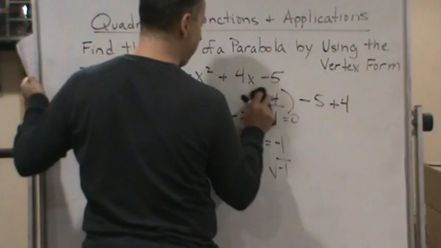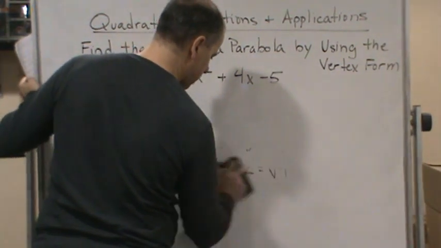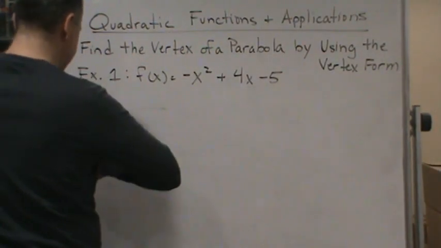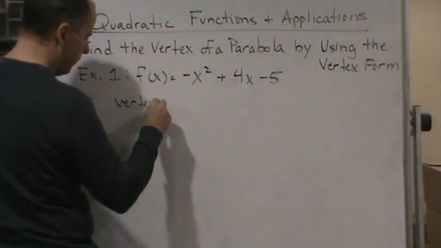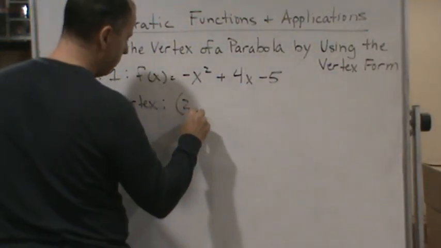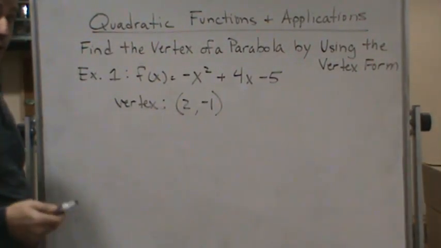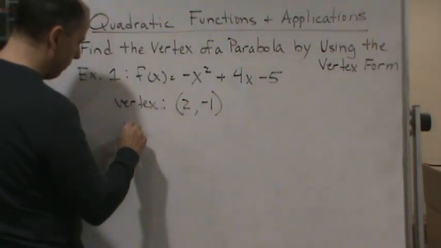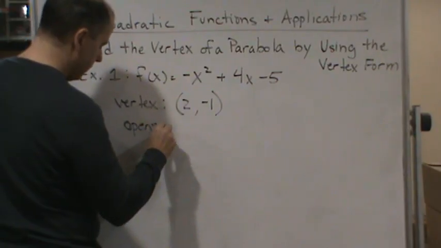So let's go back and remember, where was the vertex? The vertex is at 2, -1. And from part A, how does the parabola open?